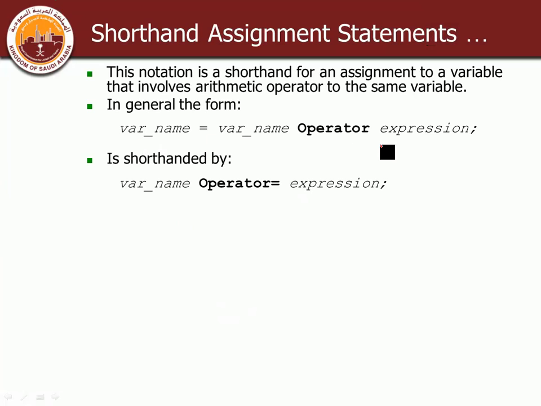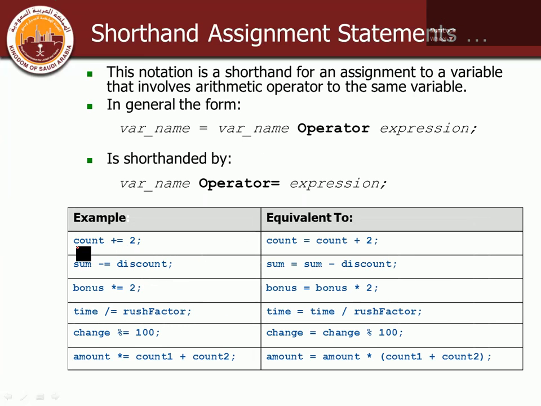If you have some instructions like this, you can convert them to look like that. Name of the variable, equal, name of the variable, a certain operator, expression. You can use this writing. Why? Because it's simpler. You don't have to write this twice. So for example, if you use count plus equal to 2, what does this mean? It just means count equal count plus 2.